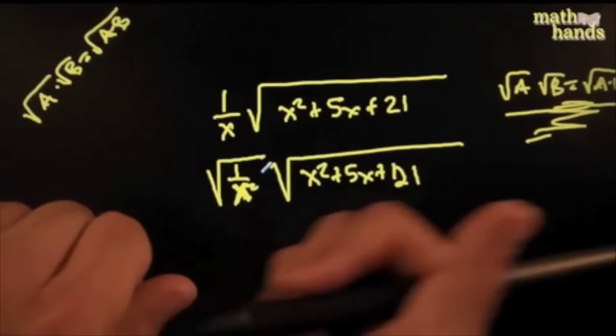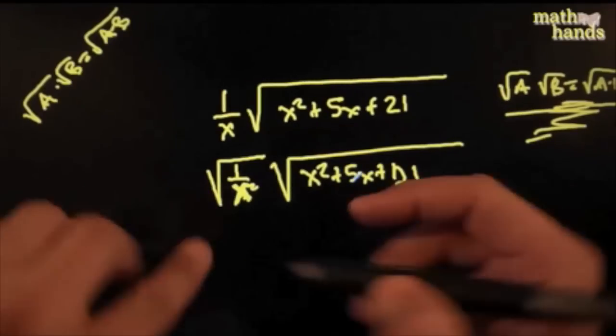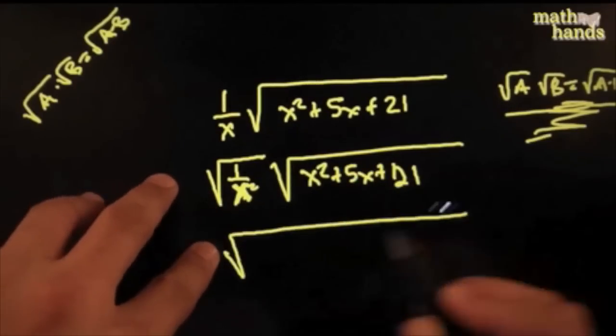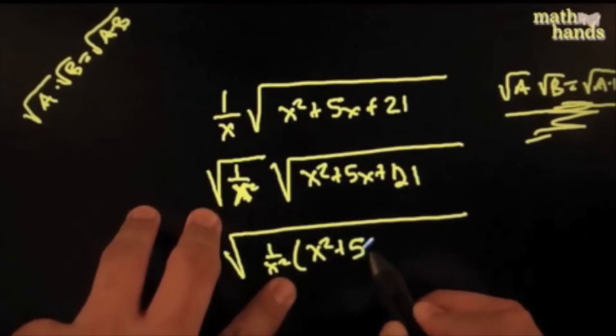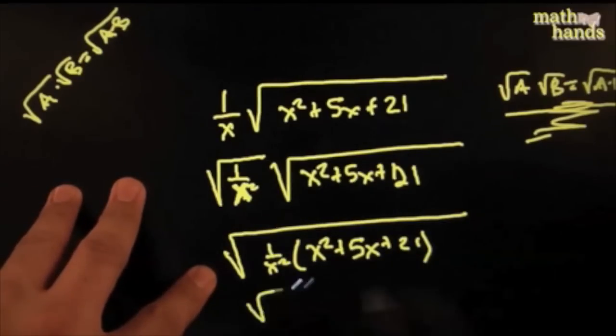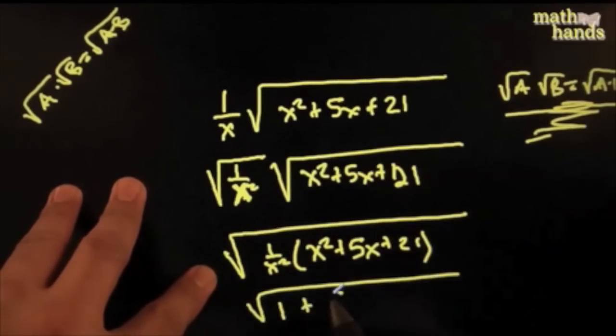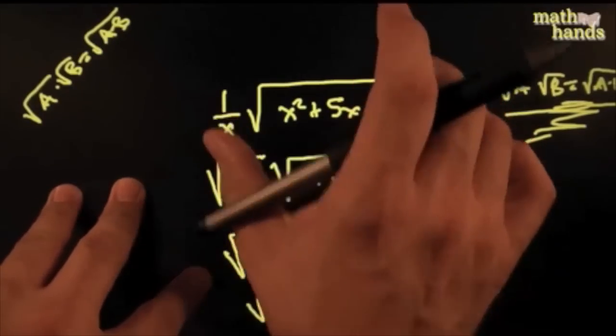And since x is going towards positive infinity, it is positive, so I can play that game. Now I can join them together and say this would be 1 radical: 1 over x squared times x squared plus 5x plus 21. And now I can distribute that to give me 1 plus 5 over x plus 21 over x squared. Nice, huh? That is one way to simplify this.